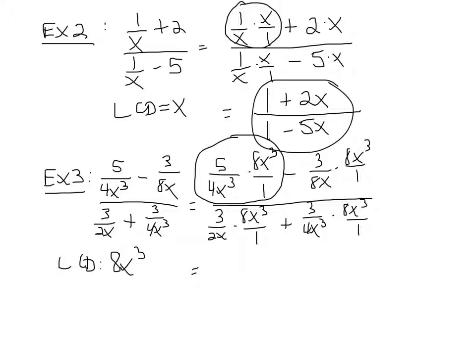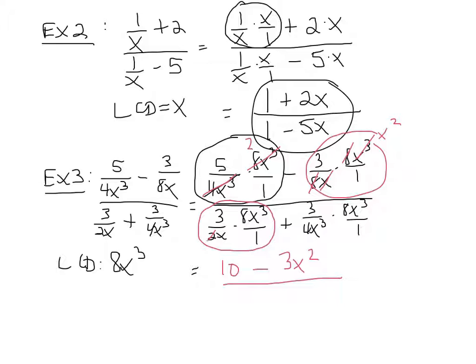Alright, now let's clean it up and see what we've got. 4x cubed goes into itself once, and it goes into 8x cubed twice, so that just becomes a 10. Here the 8's cancel, and we're left with an x squared, but also a 3, so 10 minus 3x squared.